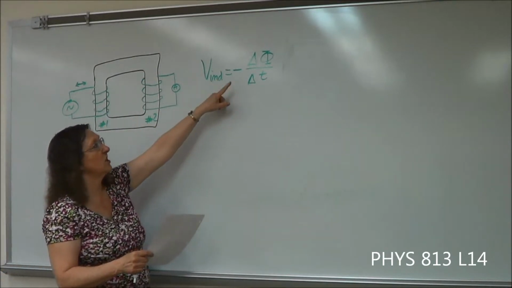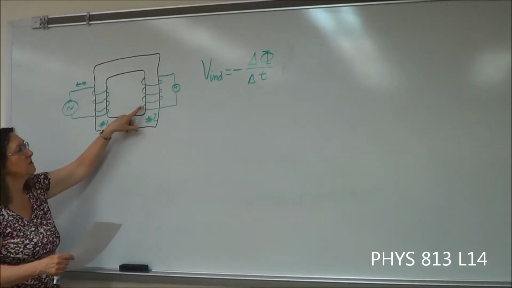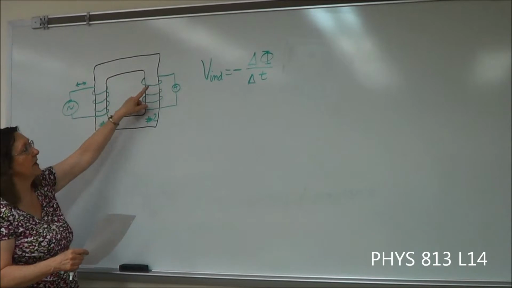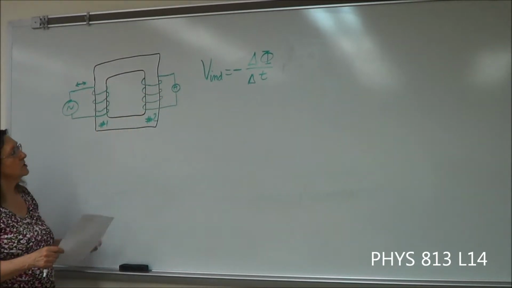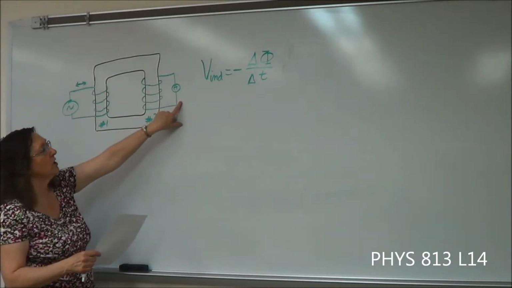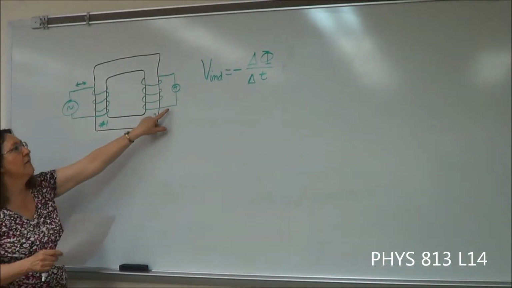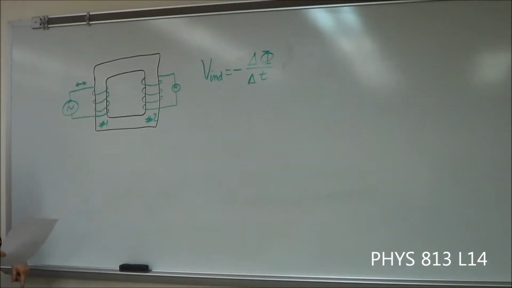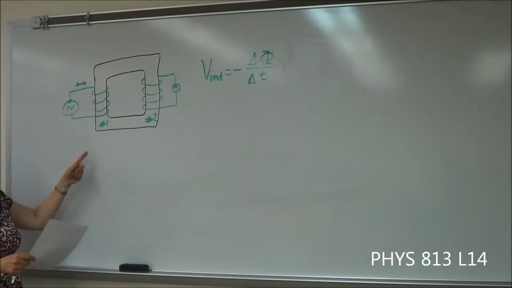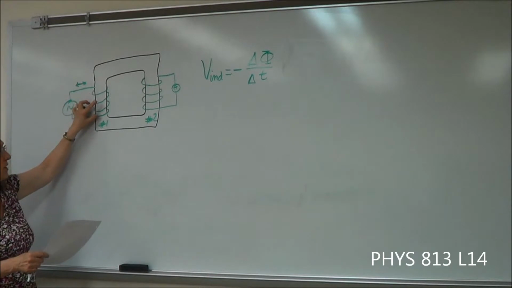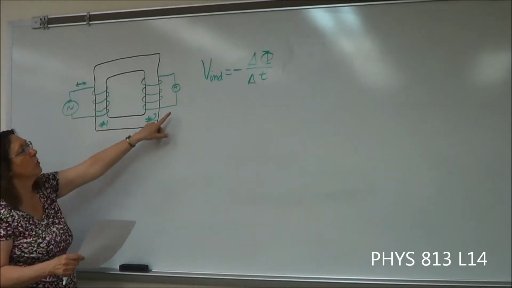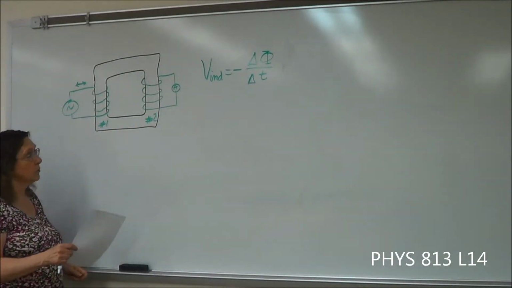If there's a changing flux, then there will be an induced voltage, and as a result of that, an induced current. So you will end up with a current over here on this side, and that is not connected to a voltage source. So that's kind of the whole point: you have a voltage source in one place and you end up with a current in another place.